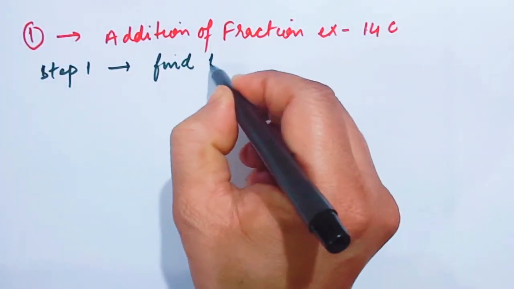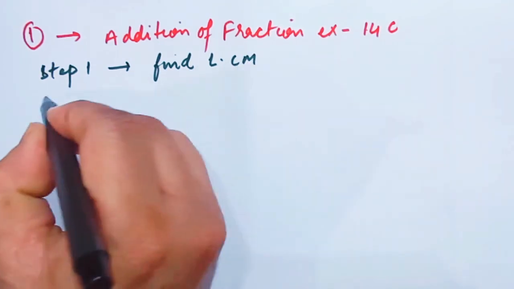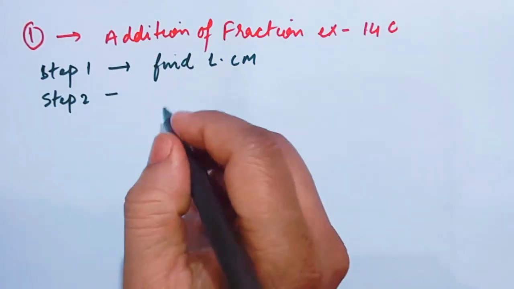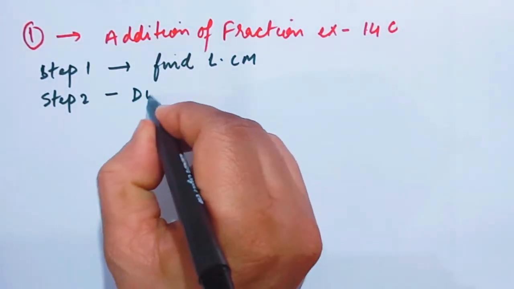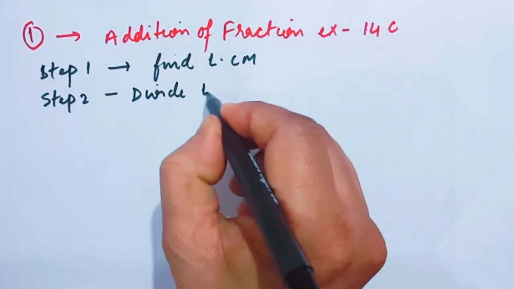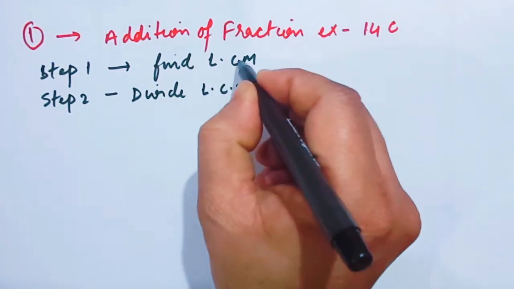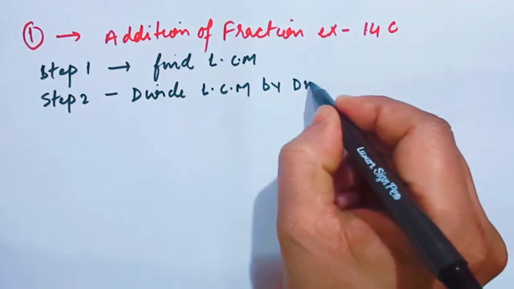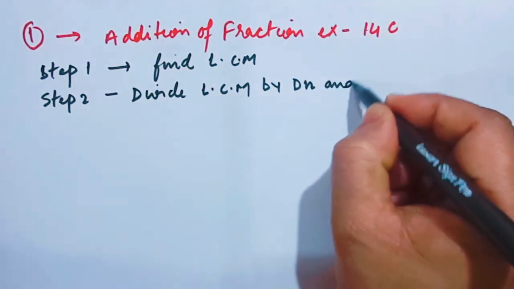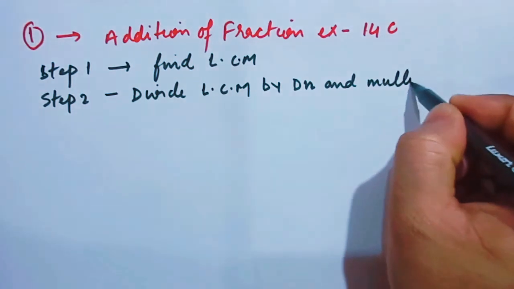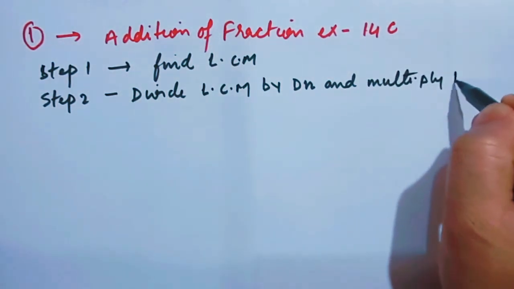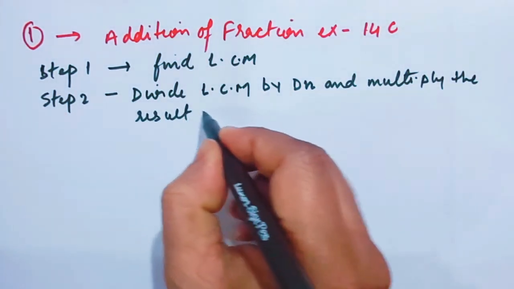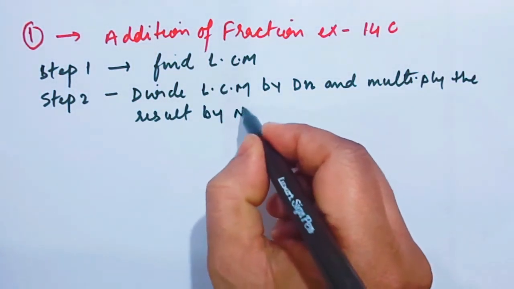Just learn this: find LCM, and in step 2, divide the LCM by the denominator of the fraction, and multiply the result, that is the answer, by the numerator.